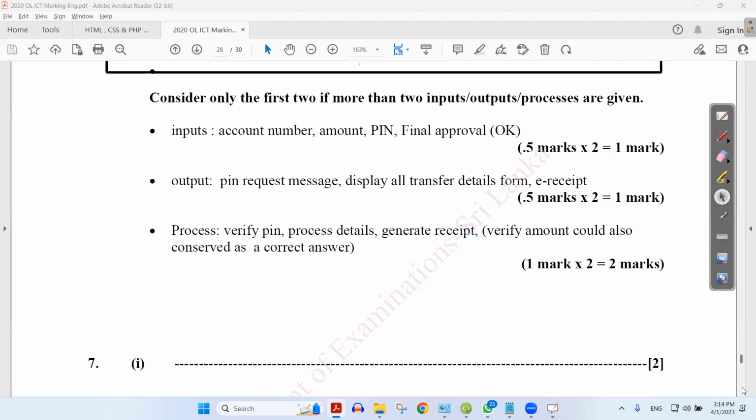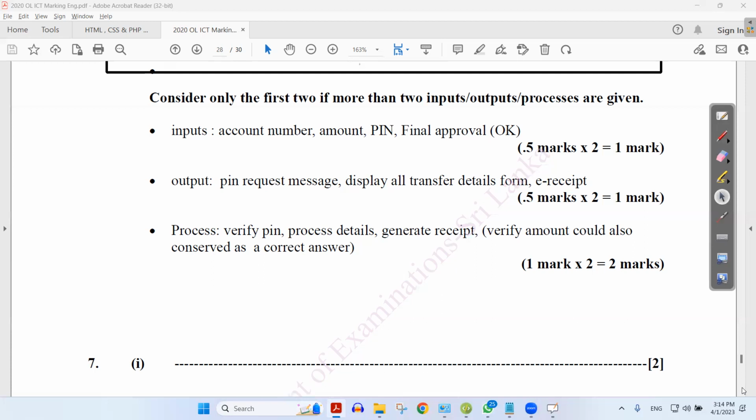Okay, people. How about the marks? Okay, Janaka, that's great. How about others? Okay, Shikuli. That's good.